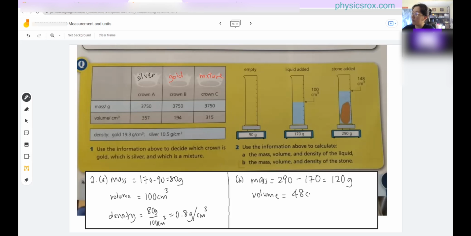Yes, thank you. So now that you know the mass and the volume, can you give me the density of the stone? Yes, thank you. Correct.